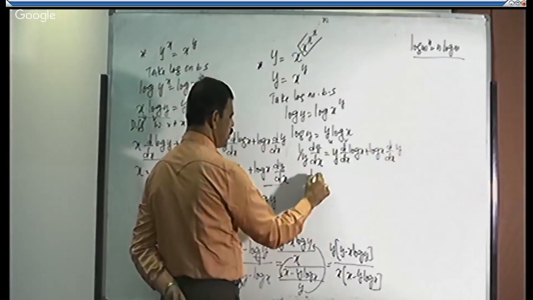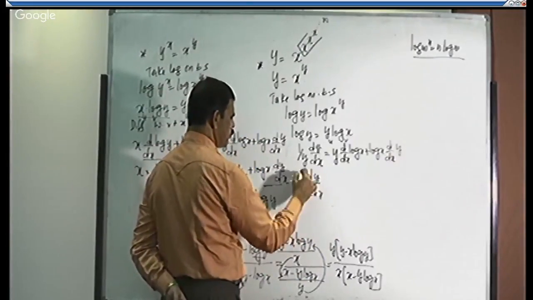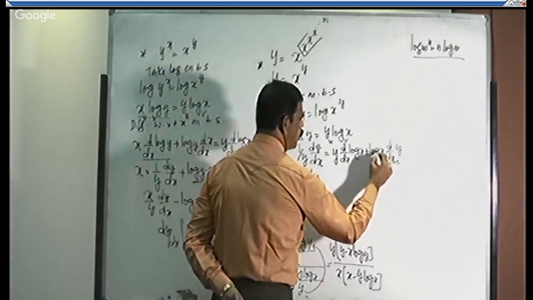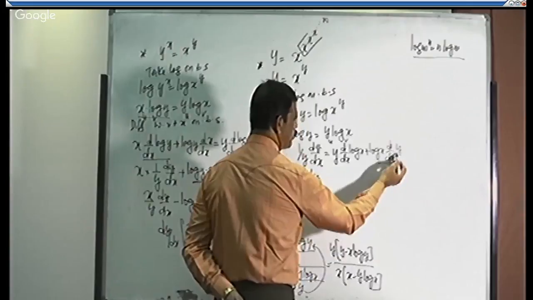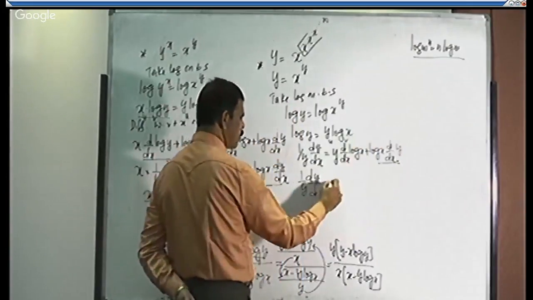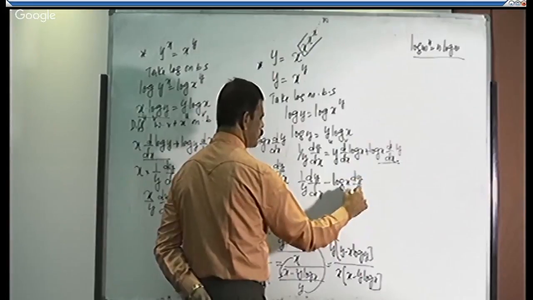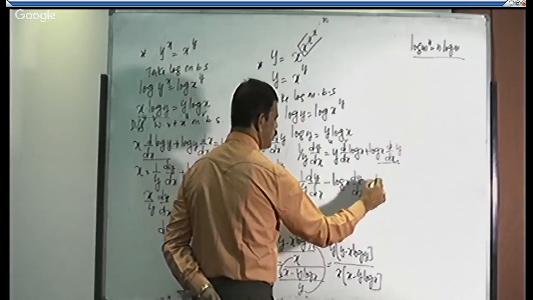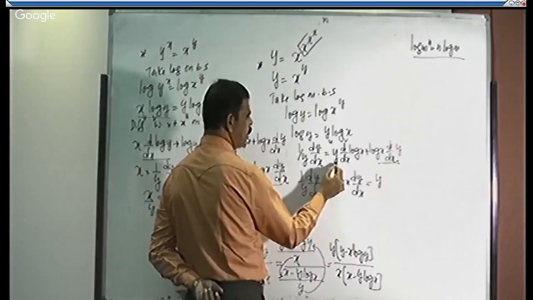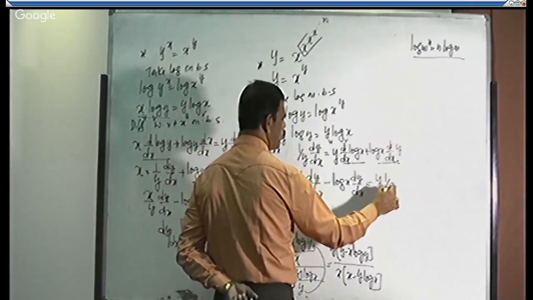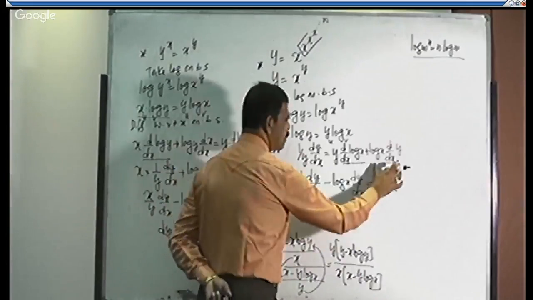Therefore, we have 1 by y into dy by dx, and this is log x into dy by dx. If it is taken to the left side, it becomes minus log x into dy by dx is equal to what is remaining on the right hand side, y into the differentiation of log x. The differentiation of log x is 1 by x. Why am I taking this to the left side?